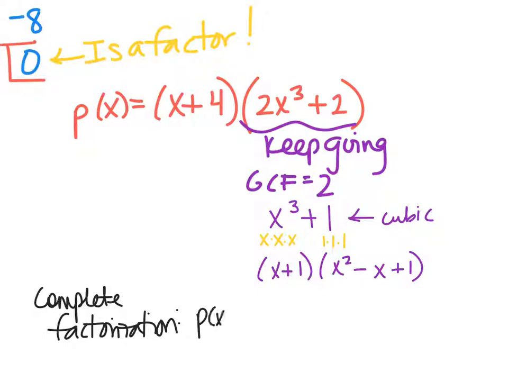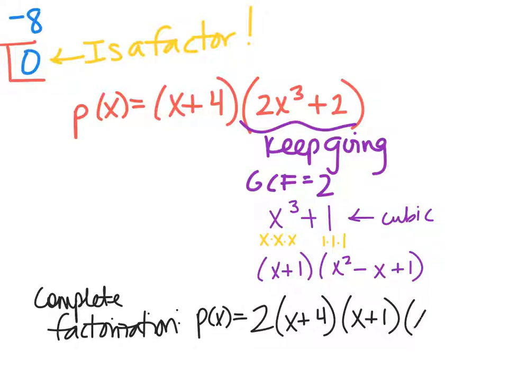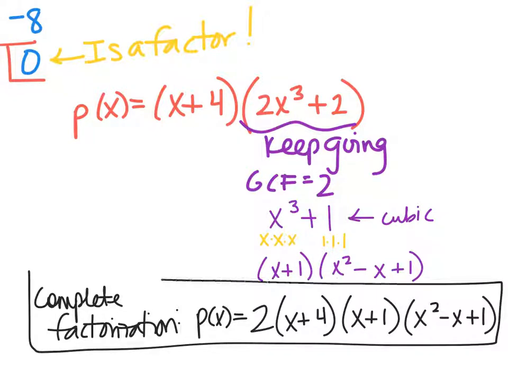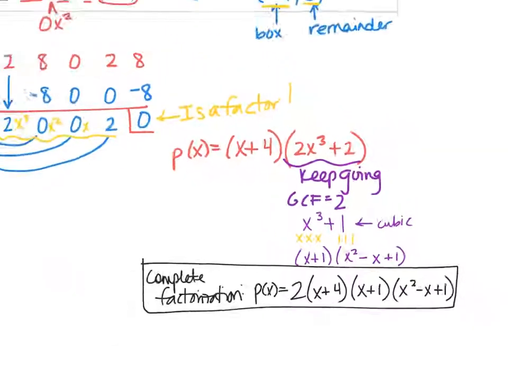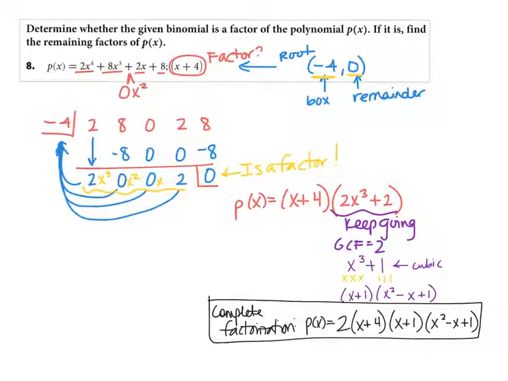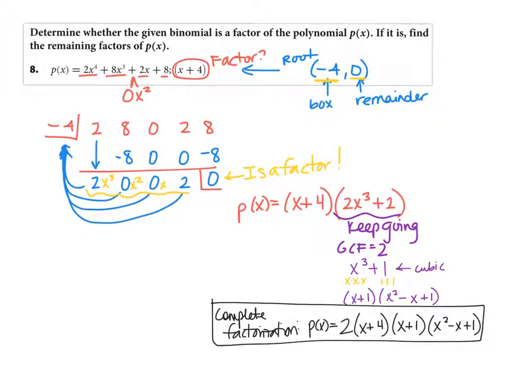So p of x equals, GCF is 2, my original factor that I already found, x plus 4, another factor, x plus 1, and then my last factor here, x squared minus x plus 1. And there is your complete factorization of this problem using synthetic division and then also using any of our other factoring patterns. All right, so make sure you have those examples in your notes, and we will get practice, practice, practice tomorrow.